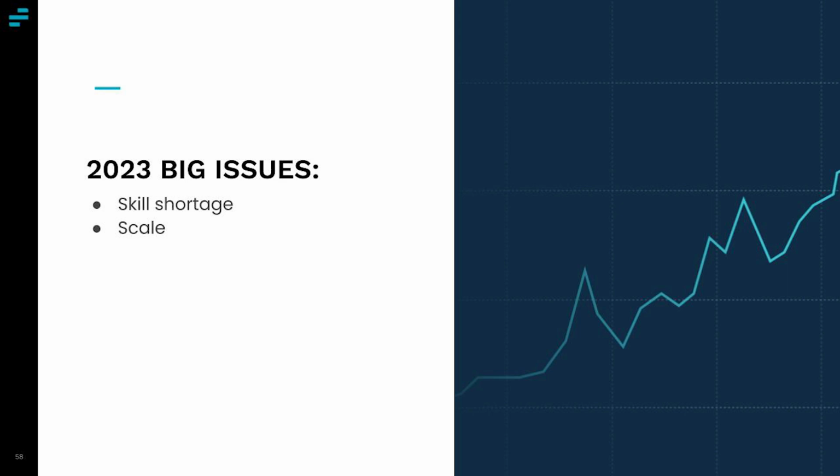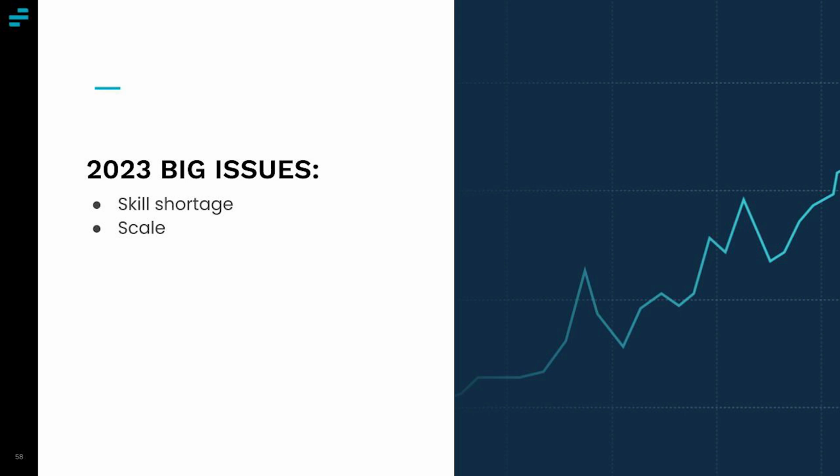And I've done research on the skill shortage for years, and too often people think of it as staffing, right? I don't have enough people, but it's not just that, it's skills too. So I don't have enough people, and I may not have people with the right skills, just as you said so eloquently.